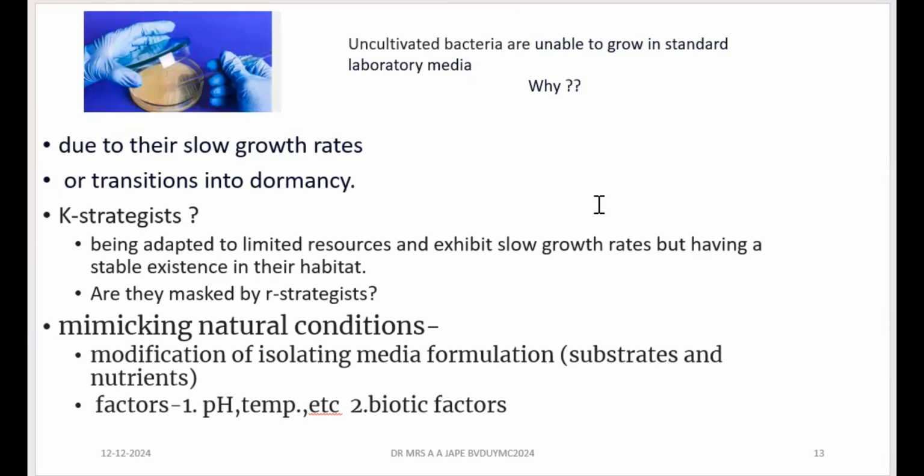How do we know them? We need to explore these intermicrobial interactions, and if we understand those, then we will be able to mimic the natural environment. It is not that you just prepare seawater media, take all the salts in the sea and put them in. Okay, fine, it is there. What about the pH?